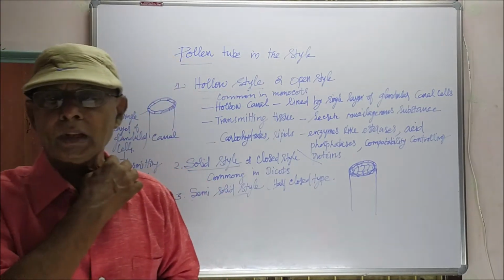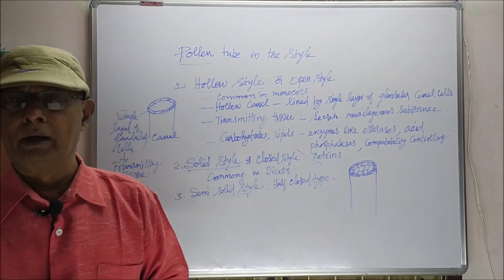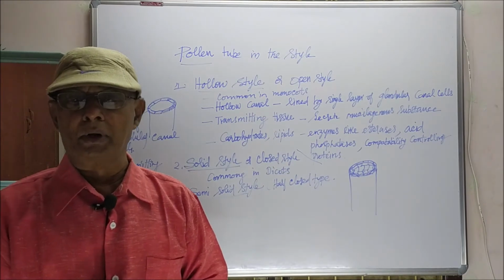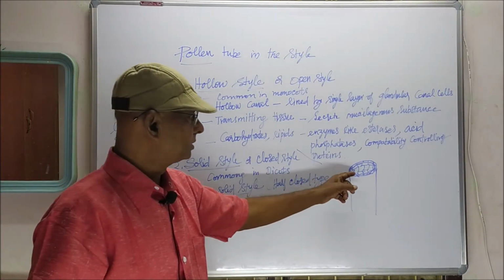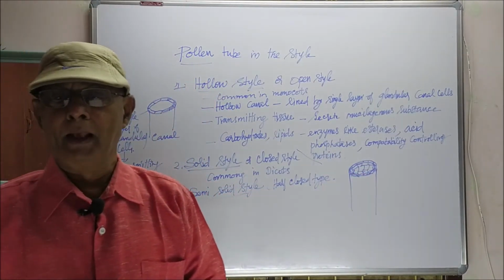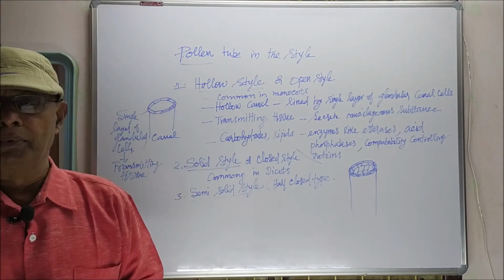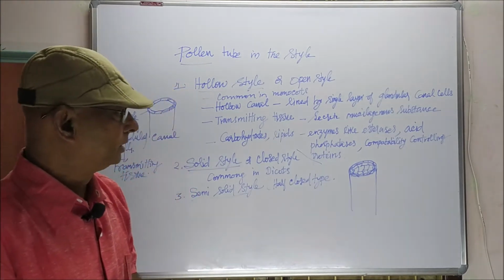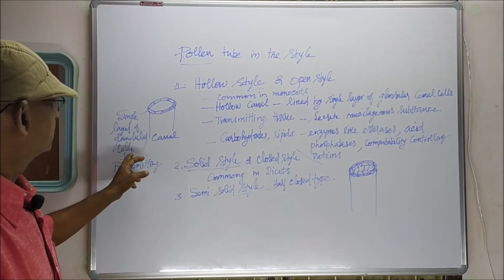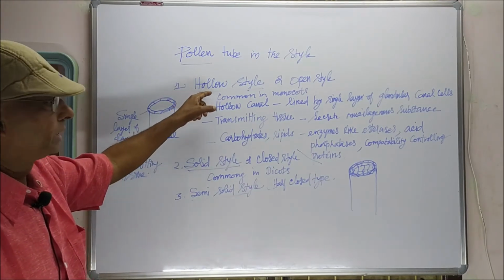In general, but here the central core contains elongated, highly specialized cells, the transmitting tissue. Here the transmitting tissue fully occupies the inside of the style, and it is the same as that of the hollow type and does the same function. The glandular tissue, glandular canal cells, collectively called transmitting tissue as in the case of the hollow style.